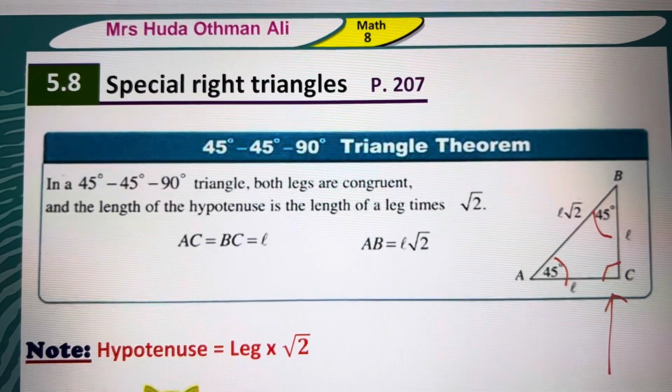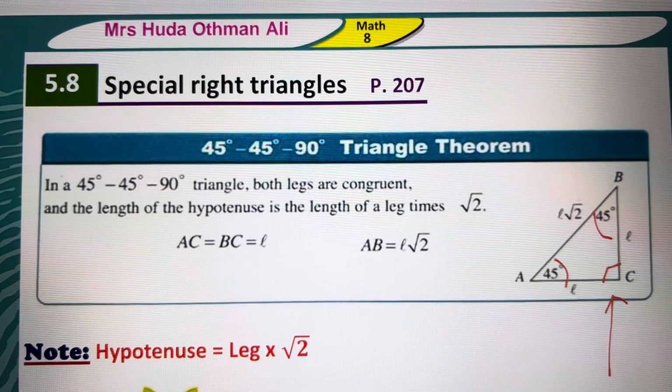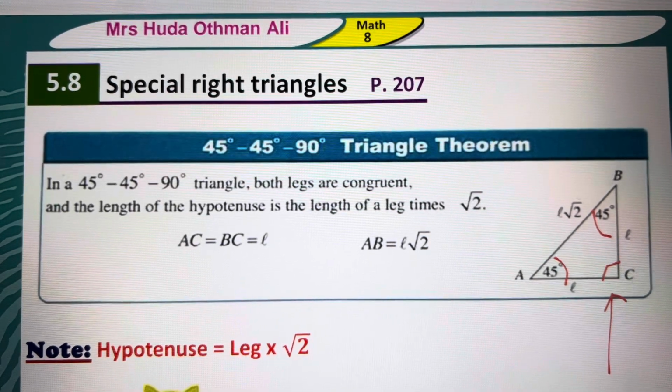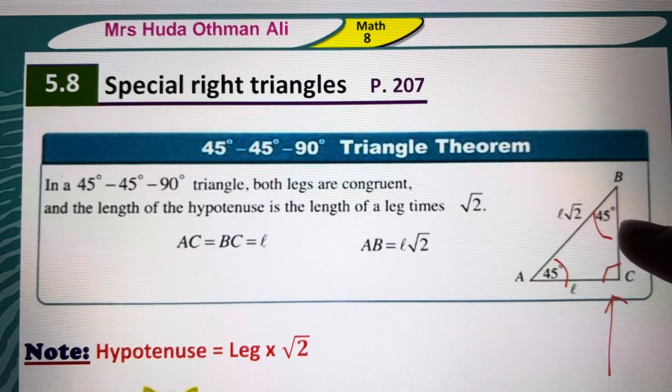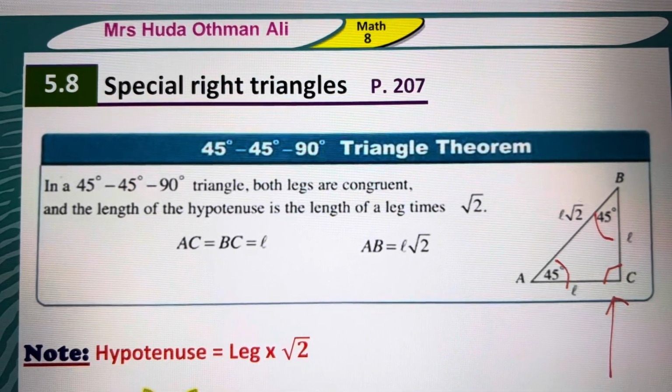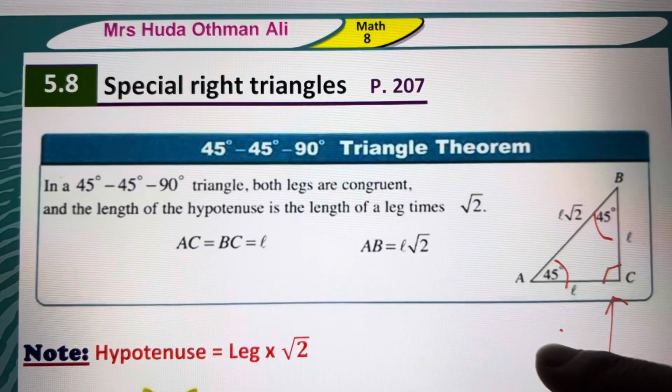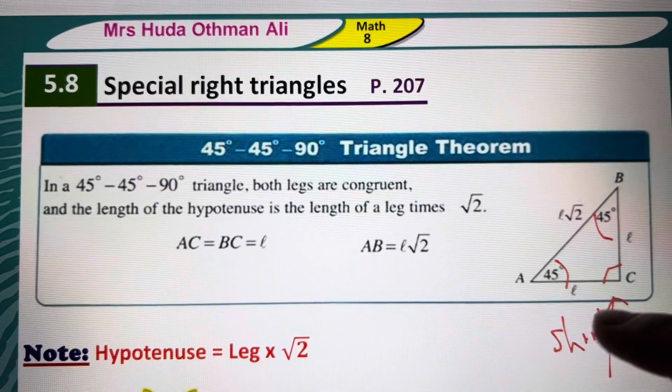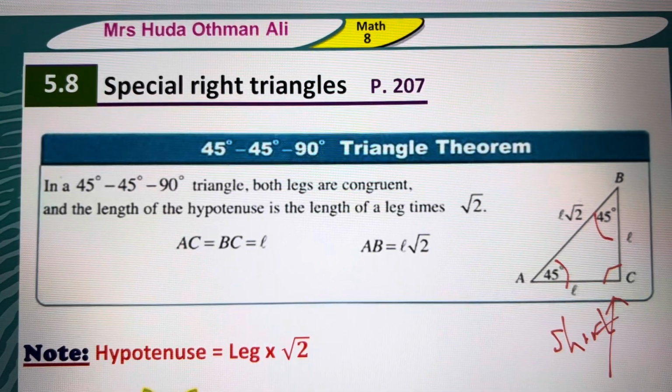All right. The first step is that I have to check the angles. If one of them is 45, directly I will use this rule. The second step is writing down the sides of the triangle.